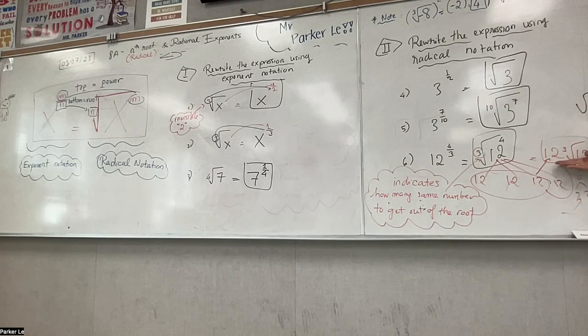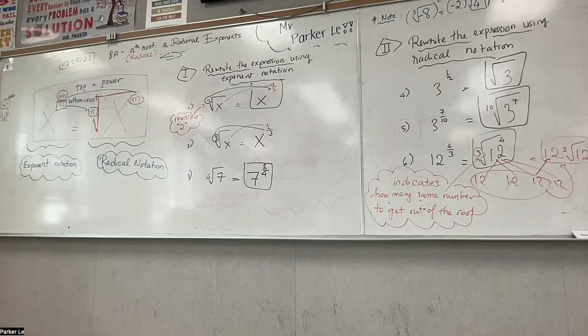So are we good at this? Okay. And then we would always put the original exponent next to it, the original root power over there. Yeah, this is the answer.